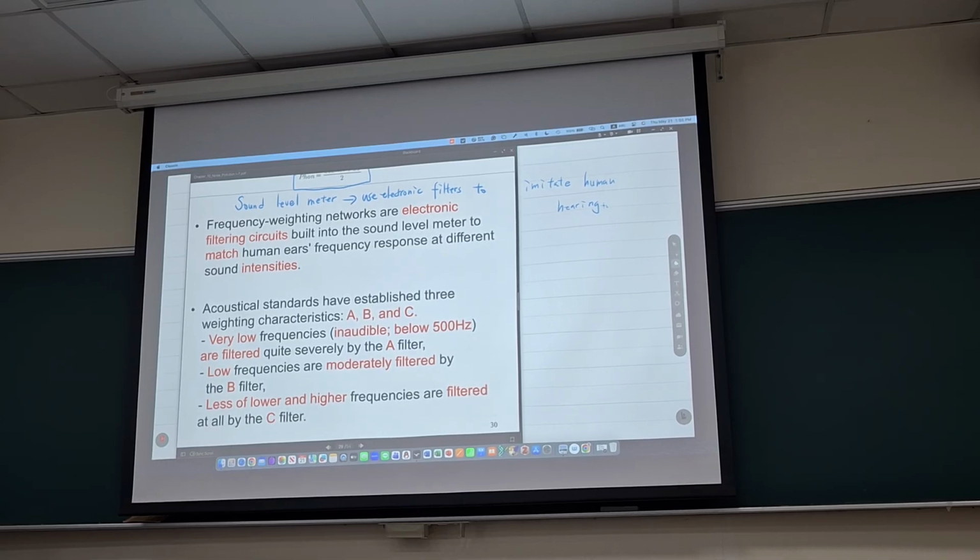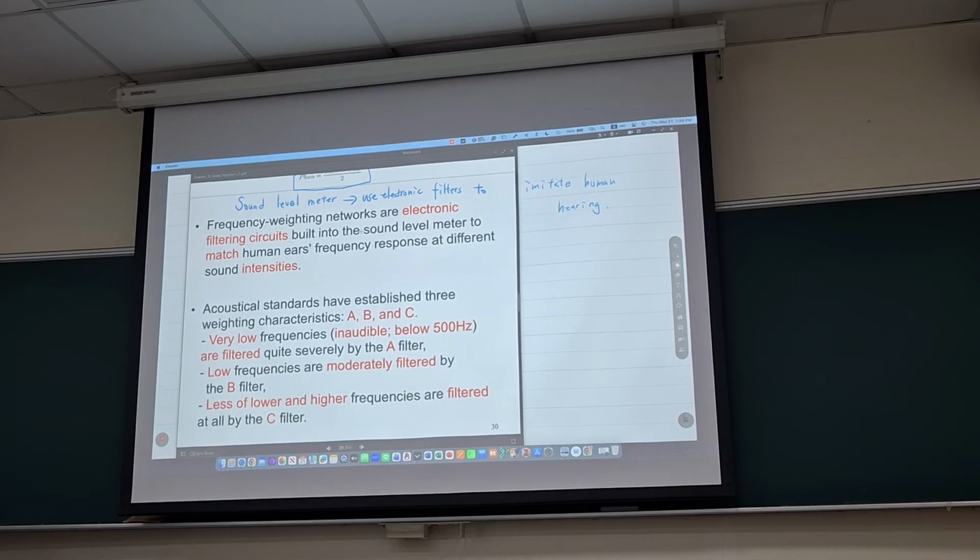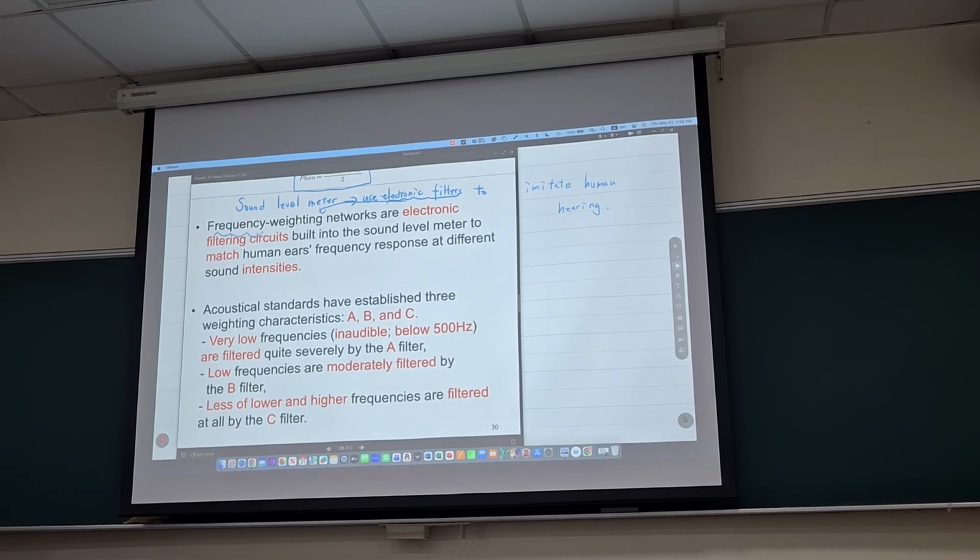And these electronic filters are called frequency weighting networks. Understand? Everyone?